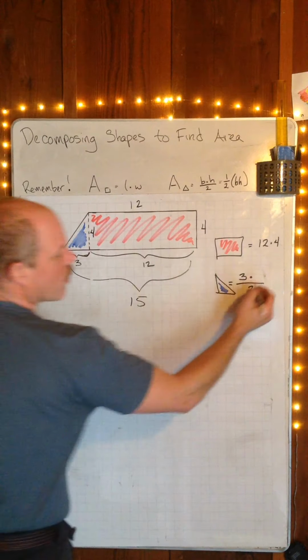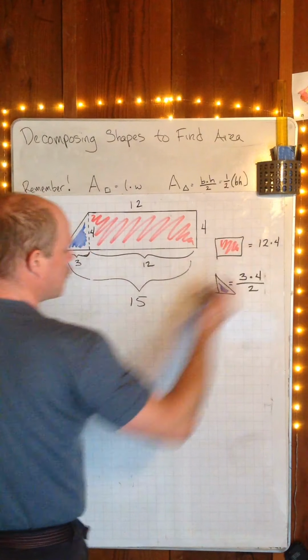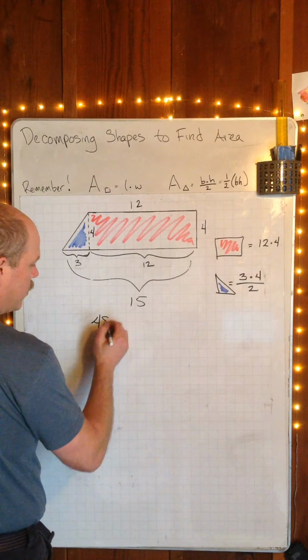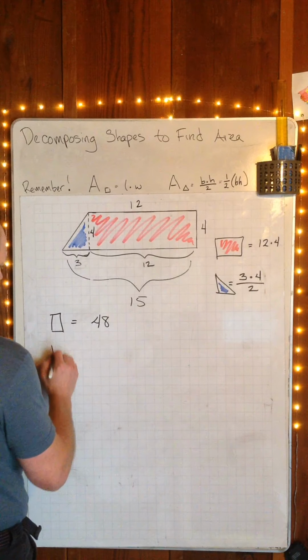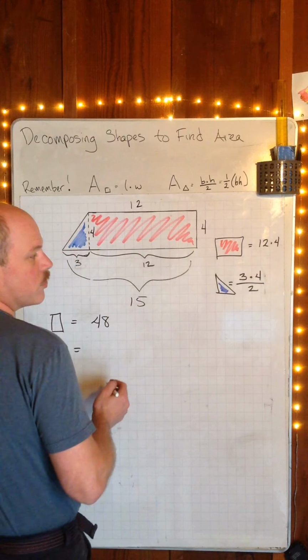And now I just need to do a little bit of solving, shall we? For the rectangle, we have 12 times 4. 12 times 4 is, that's correct, it's 48. So my rectangle over here equals 48. And my triangle over here is going to equal, well, 3 times 4 equals 12.